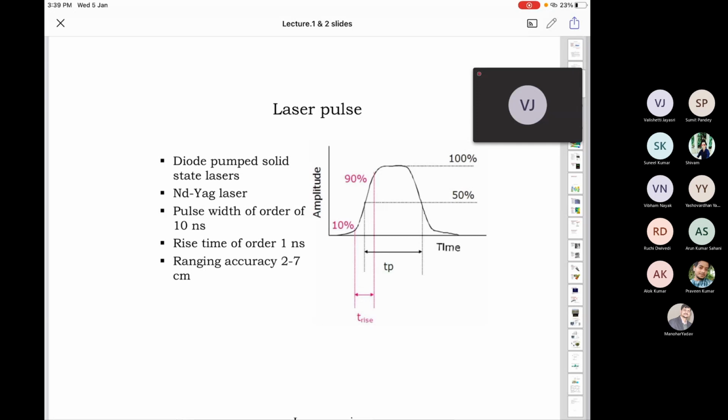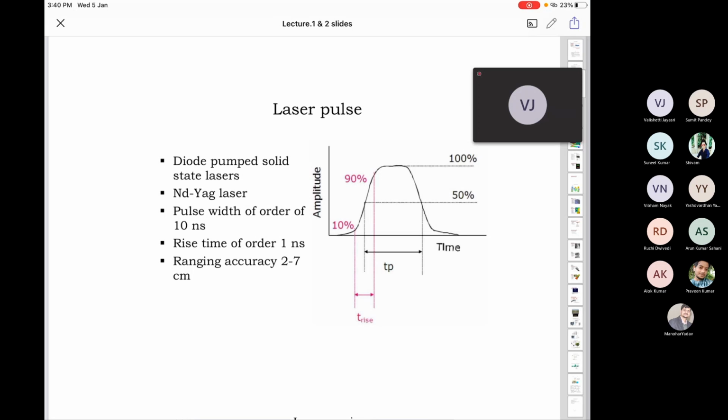If you see in the diagram, first you need to understand how we can define a laser pulse. It seems Gaussian in nature, and certain points are marked over here. This pulse laser is represented on time and amplitude axes.